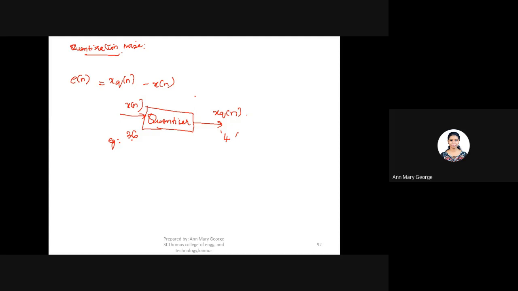And we can also represent a graph between x of n and xq of n. This is known as quantization theorem. Please note this much.